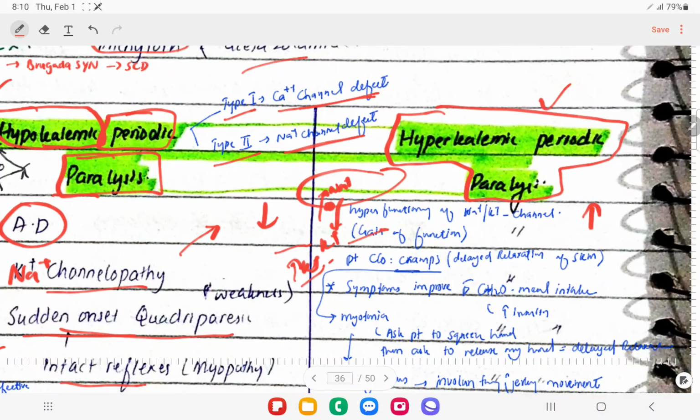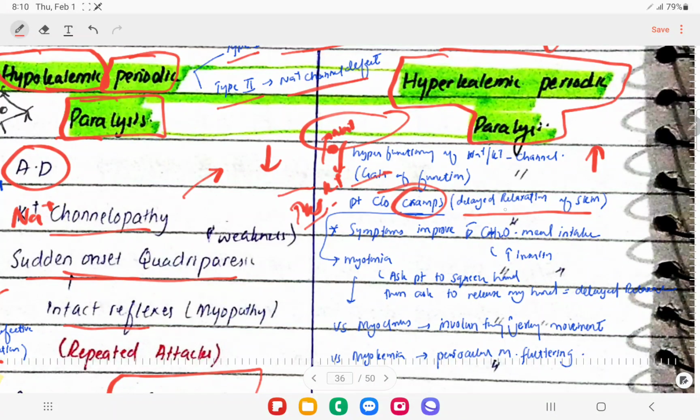And when there's an increased amount of potassium, there will be delayed relaxation of skeletal muscles, and the patient is going to complain of cramps. This delayed relaxation of muscle is called myotonia. If we ask the patient to squeeze our hand, they won't be able to release it because of the delayed relaxation.